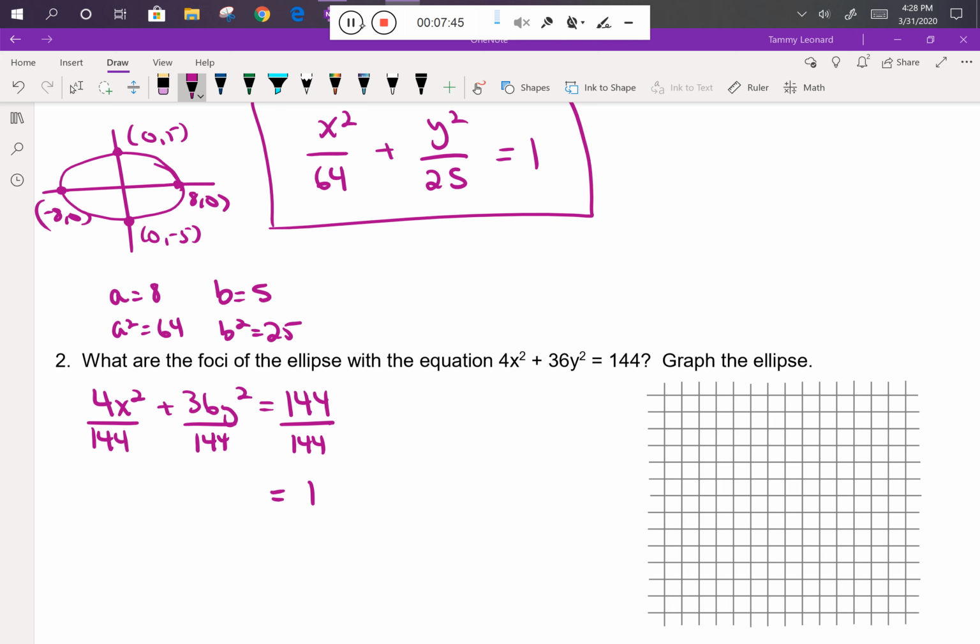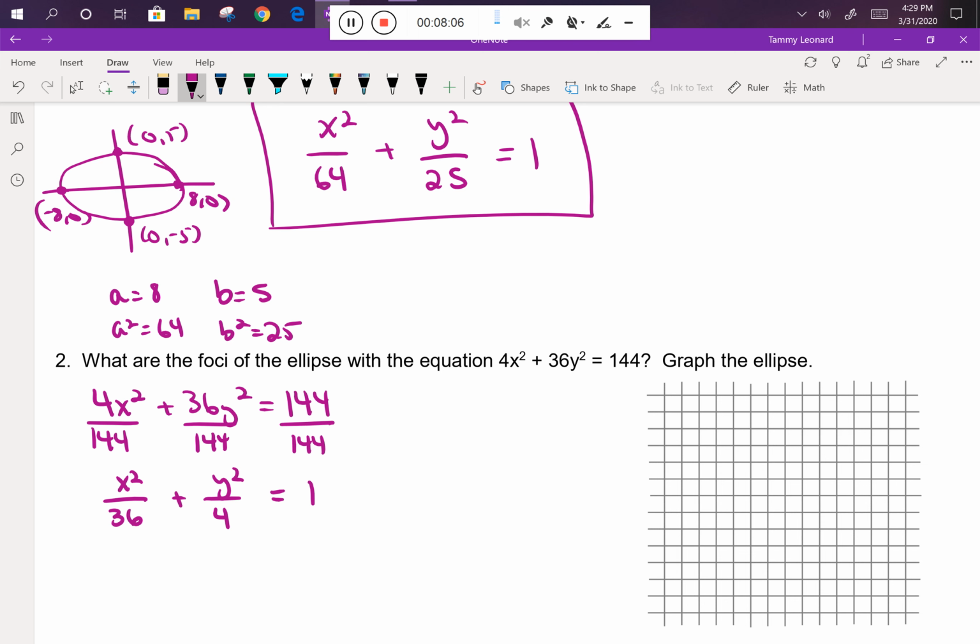If we reduce the first fraction, we get x squared over 36, because 144 divided by 4 is 36. Plus, if we reduce the second fraction, we get y squared over 4, because 144 divided by 36 is 4. So now we have the equation in standard form.